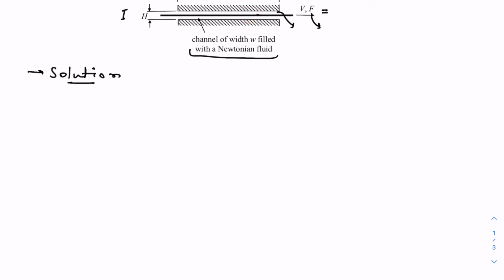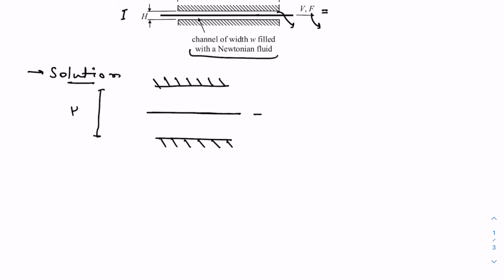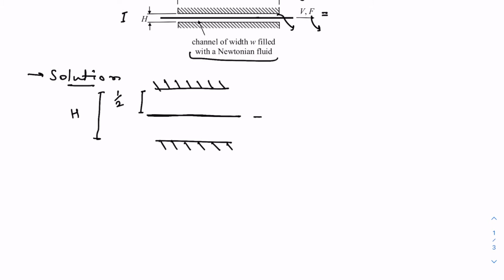What you will find after zooming in is that this is the top wall, this is the bottom wall, this is the tape in the middle, and since the tape's thickness is very small compared to the channel, and this channel is of width h, we can assume that the tape is exactly at the middle, and the thickness of the upper half is 1/2 h, the thickness of the lower half is 1/2 h, and since h is very small, we can assume a linear Couette flow inside the channels.